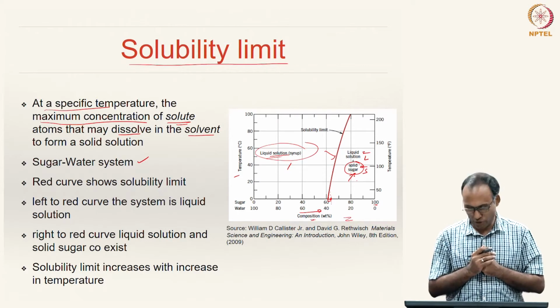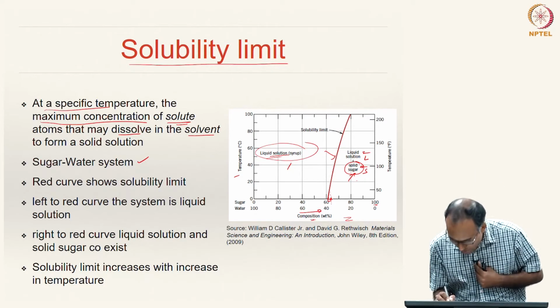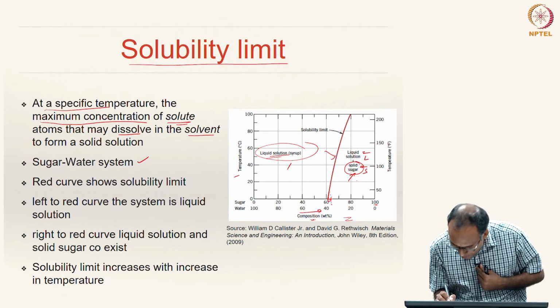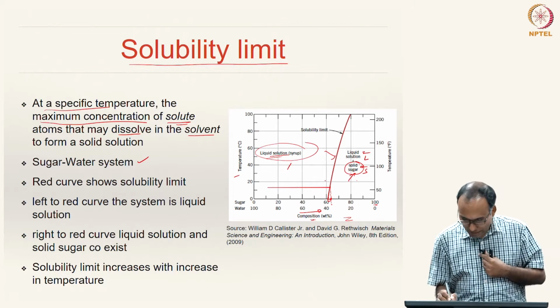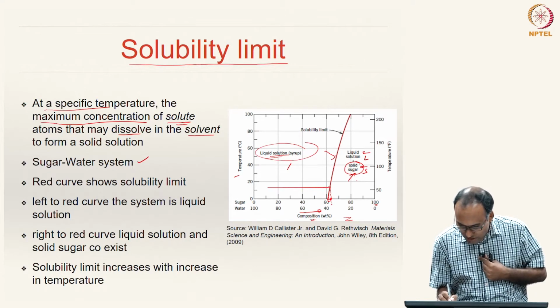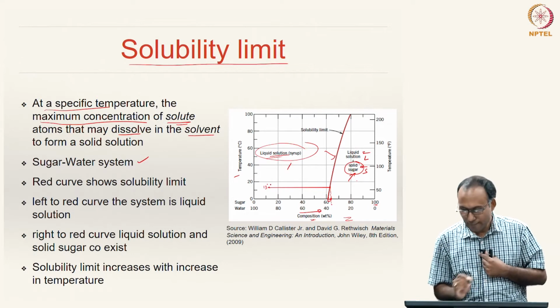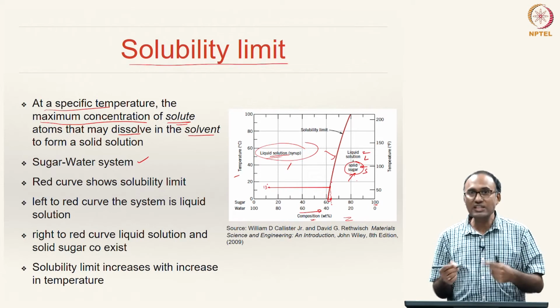as solid sugar. But now at the same composition, if you increase the temperature, by the time you reach around, let us say, 13 degrees Celsius, then you have reached the saturation.